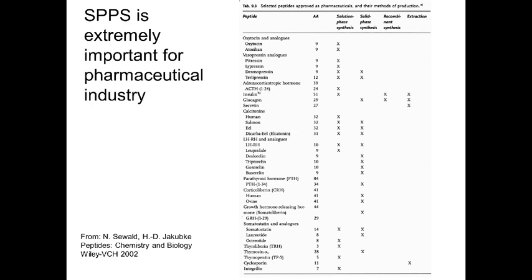Recombinant synthesis is also a viable method to get to different structures, and it's becoming more and more important. This is a relatively old overview, so it should be taken with care. But at least at that time, solid phase synthesis was very important, as you see by the many crosses for the different peptides that have medical relevance. A lot of these peptides have been achieved by solid phase synthesis.